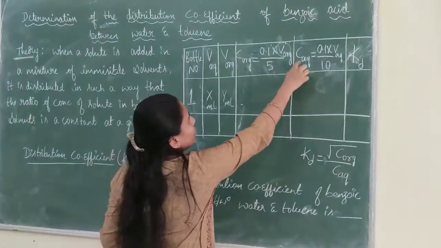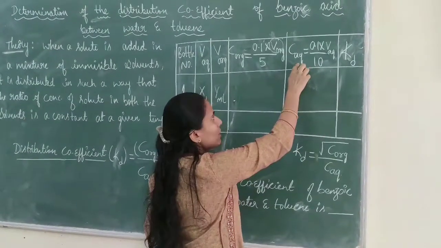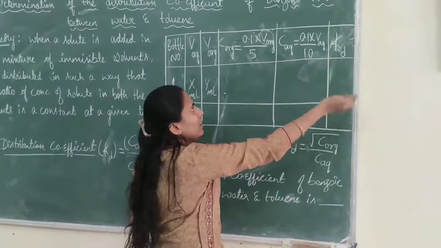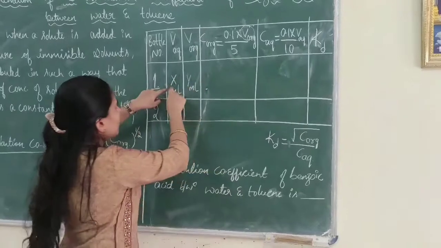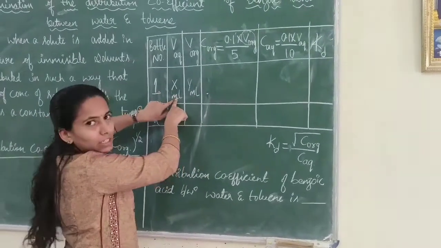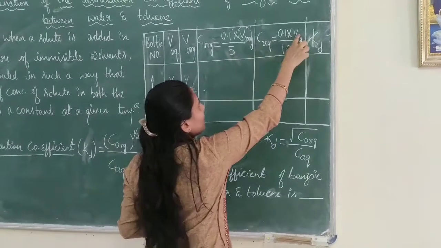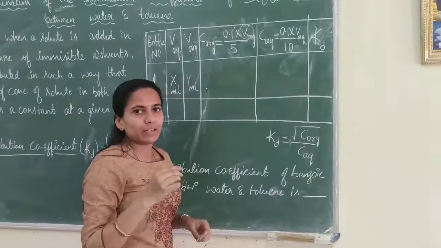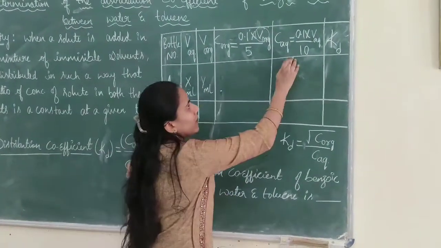Then C aqueous means the concentration of benzoic acid in the aqueous layer, which is 0.1 into V aqueous, whatever we got from the titration, that is X ml, divided by 10. Why 10? Because we pipetted out 10 ml of aqueous layer during titration.